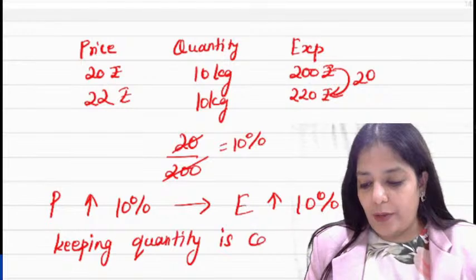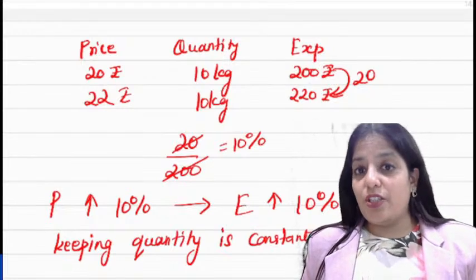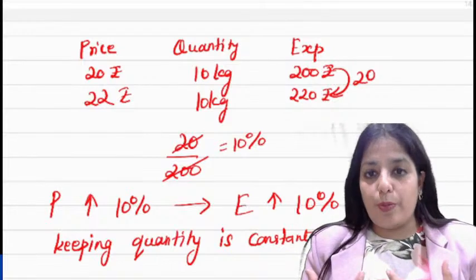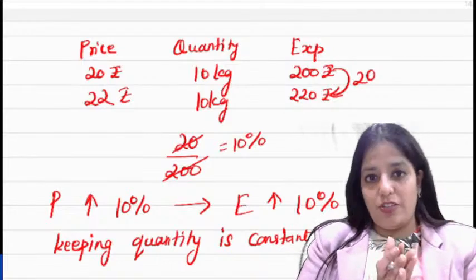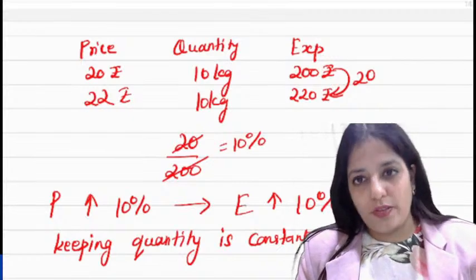Are you able to get that? So expenditure changes in the same proportion as the price changes if quantity consumed is kept constant.